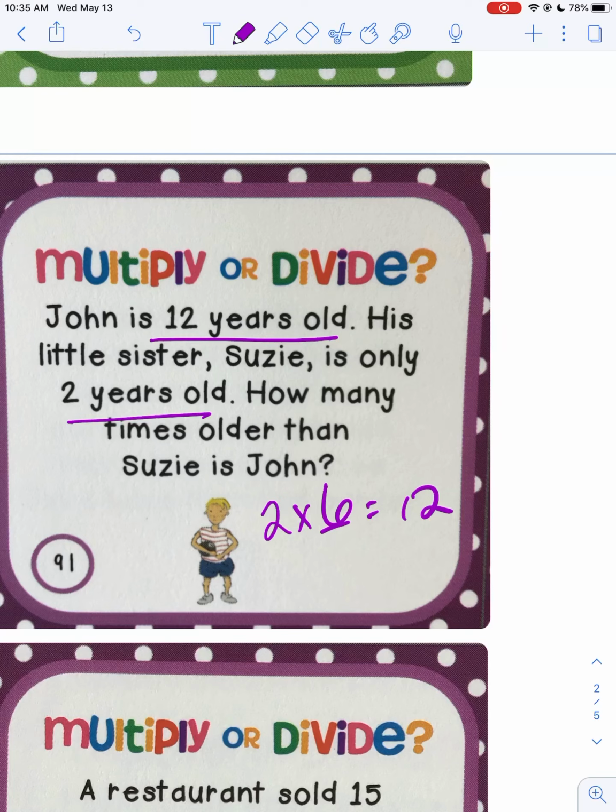That would be 6. So John is 6 times older than Susie, because she's 2 and he's 12. I used multiplication, but technically I was dividing.